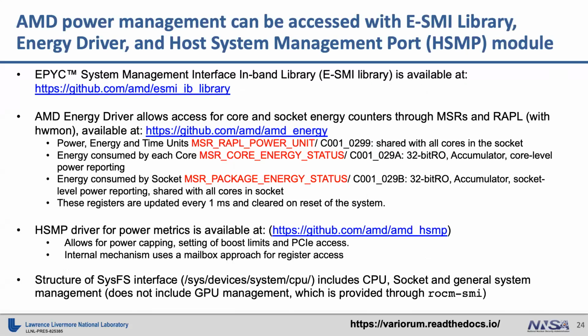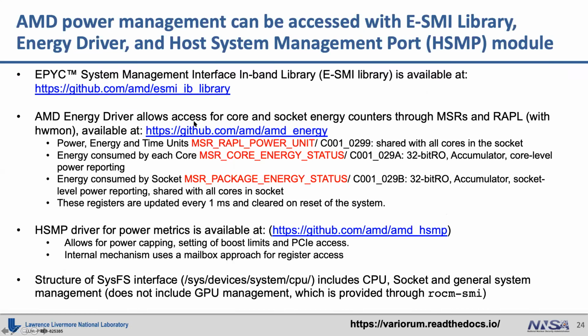AMD uses something known as the E-SMI library in conjunction with the AMD energy driver and the AMD Host System Management Port, or HSMP. These are all open source, so you can look at them. The energy driver is very similar to what we discussed for Intel's RAPL.